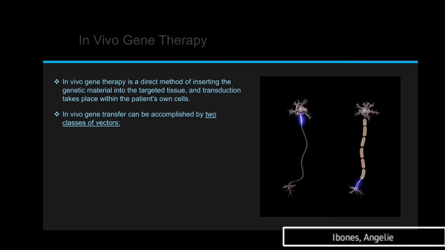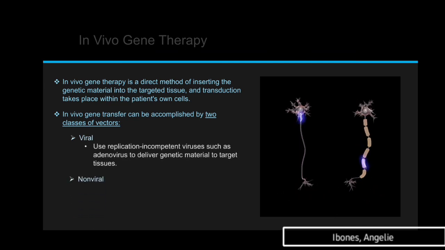In vivo gene transfer can be accomplished by 2 classes of vectors. A vector is any agent which carries and transmits an infectious pathogen into another living organism. These 2 classes of vectors are viral and the non-viral.